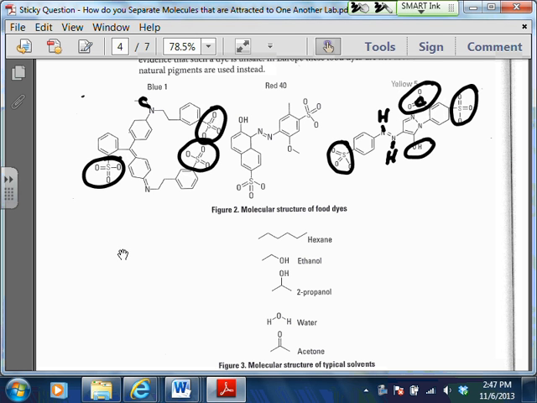Now the red is comparable in size, maybe a little bit smaller than the yellow. And it only has 2 of the SO3 groups. It's got a place here where it can hydrogen bond. A couple places here. So really, it's comparable to the yellow, but it's a little bit smaller.